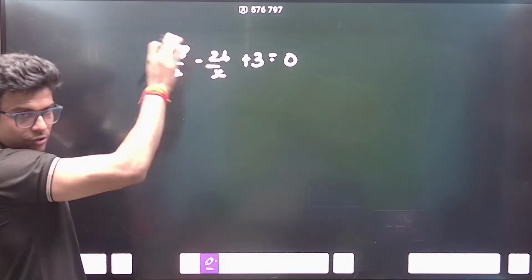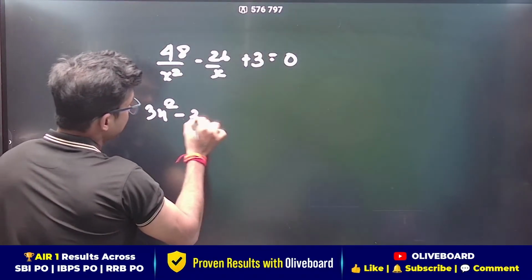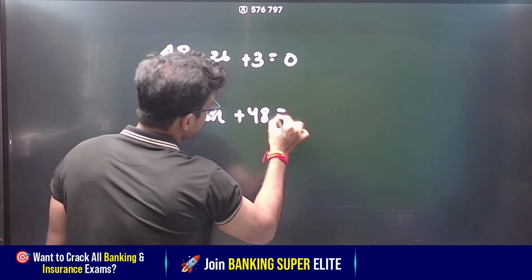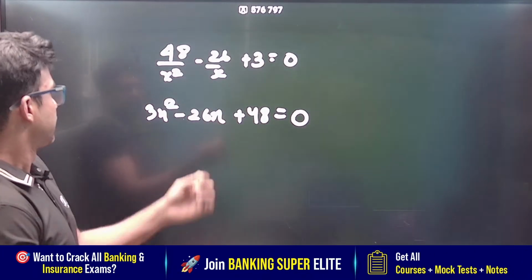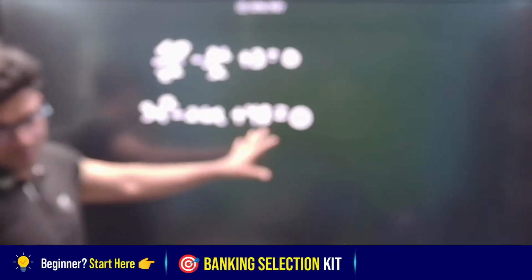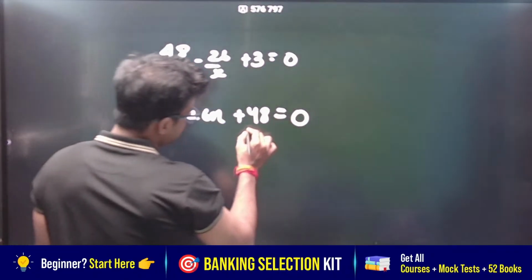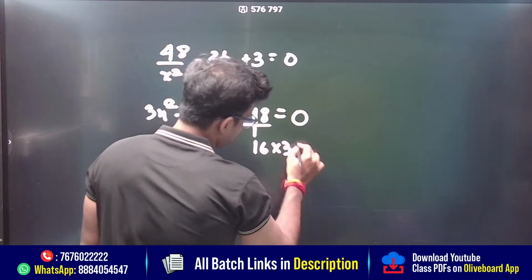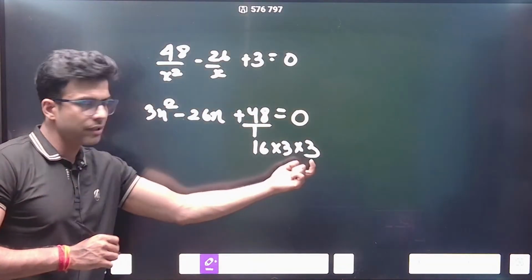This would become 3x square minus 26x plus 48 is equal to 0. Am I right? Now this you can solve. How can you solve this? See, this is how much? 16 into 3, and this 3 also, because this 3 will also come. Okay, 16 into 3 into 3.